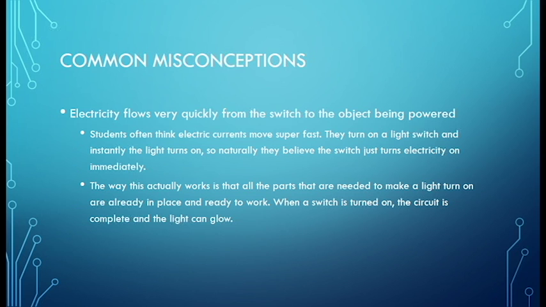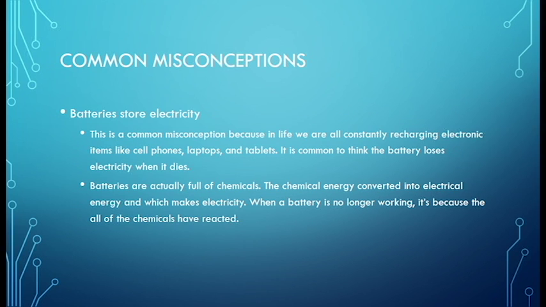It's not necessarily super fast, it's just because everything that is needed is already there, and when you turn the light switch on, the circuit is complete, and then the electrons can start flowing again.